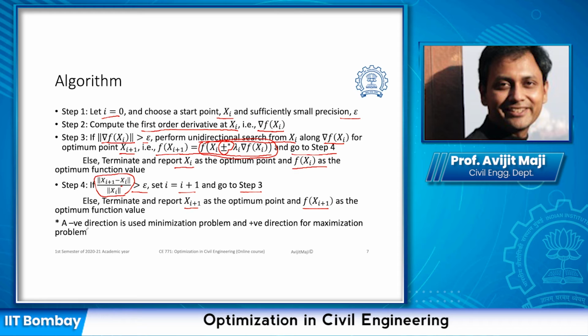It means that if we want to minimize the objective function value, we should use the negative of the gradient, and if we want to maximize, then we need to use the positive gradient. So the same algorithm can be used for minimization or maximization by changing this sign to negative or positive. Let us look into this algorithm through an example.